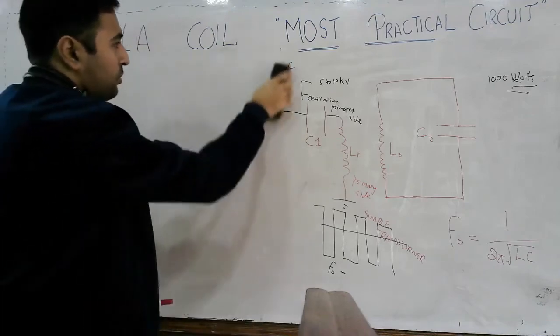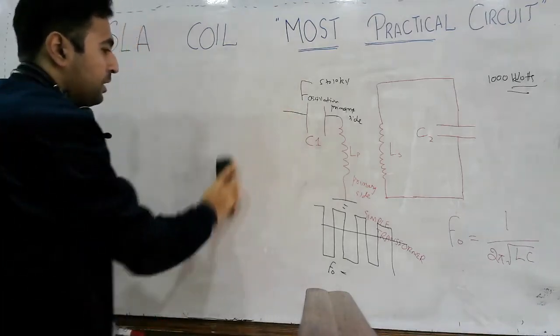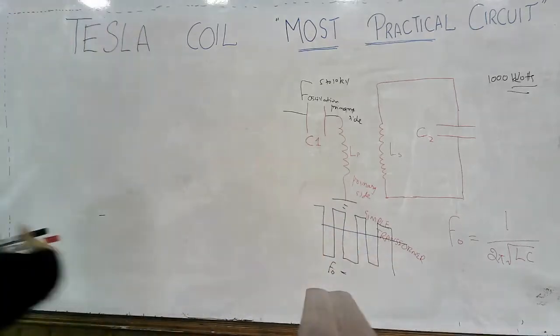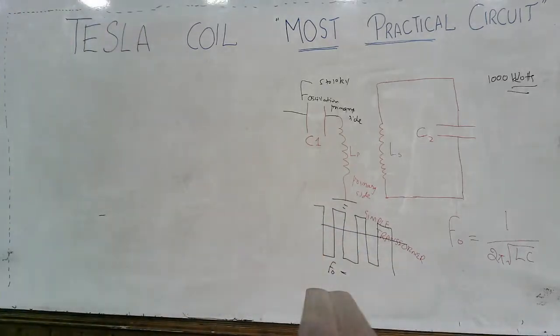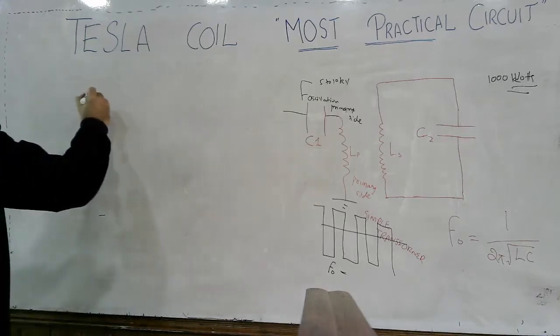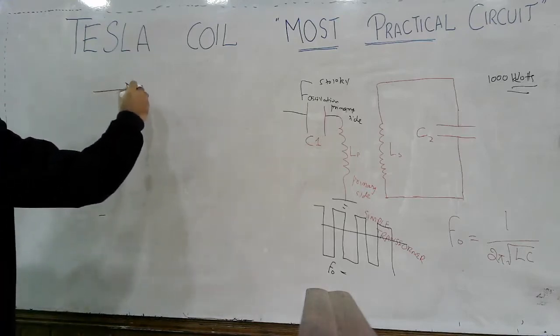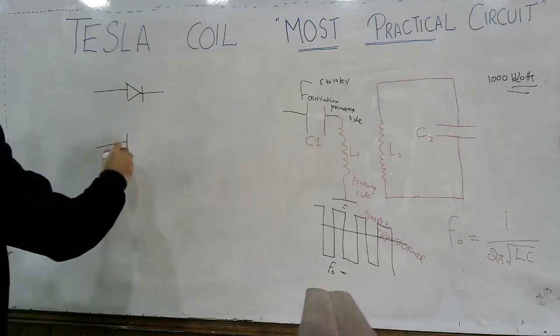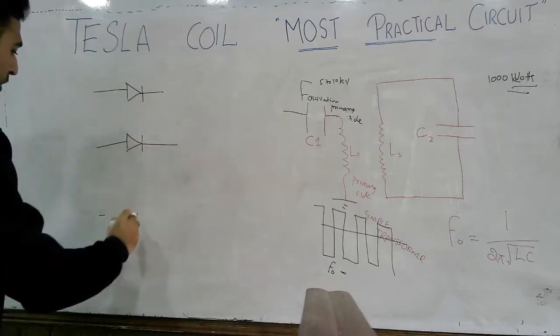And see how to generate positive 170 and minus 170. Okay, so let's first draw the circuit of the full bridge rectifier, which is very easy. You have 4 diodes in place.